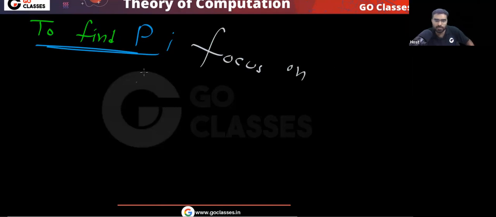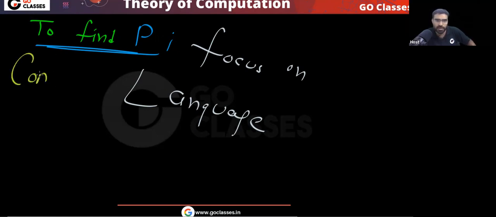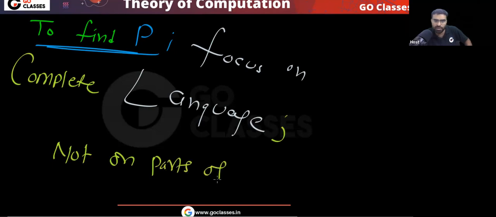See, I am writing very big because I know you will make mistakes. That is the reason I am writing in very big letters. To find P, focus on the complete language, not on parts of it.